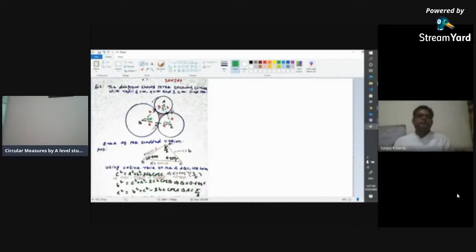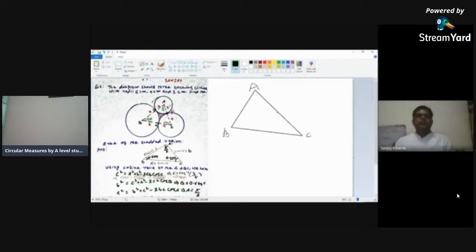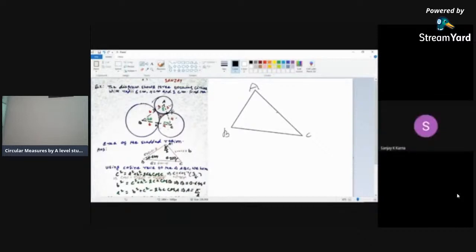So here in this case, what you can do in your mind map is, by taking the reference of ABC, you can have a triangle, this is the figure, and then find the area of the shaded region. You are given only that there are three circles. You can see this is a big circle, this is a medium circle, and this is the smallest circle, and they touch each other at points.